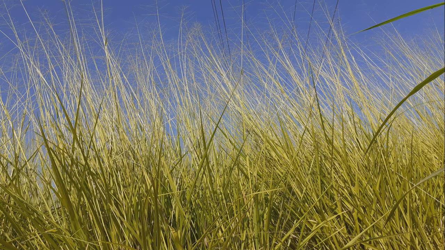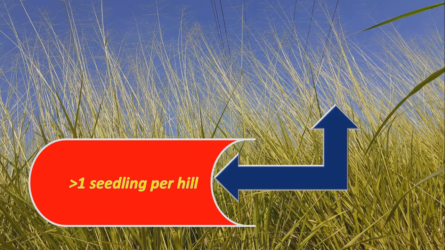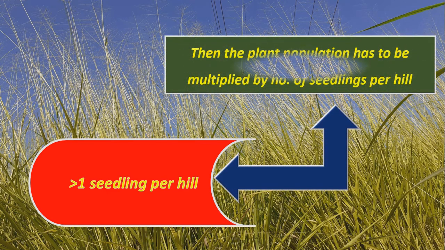If there is more than one seedling per hill, then the plant population has to be multiplied by the number of seedlings per hill. After calculating the entire seed rate, we can directly multiply by 2 or 3, whether it is 2 seedlings per hill or 3 seedlings per hill.